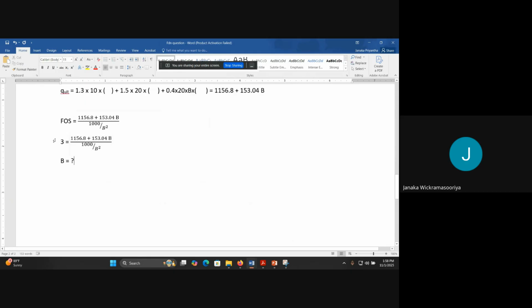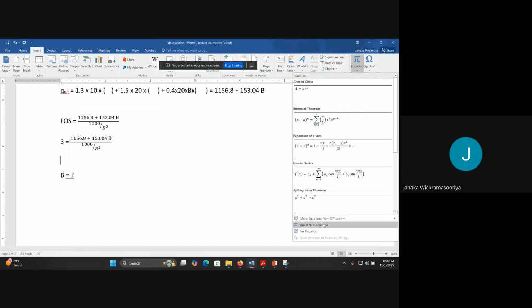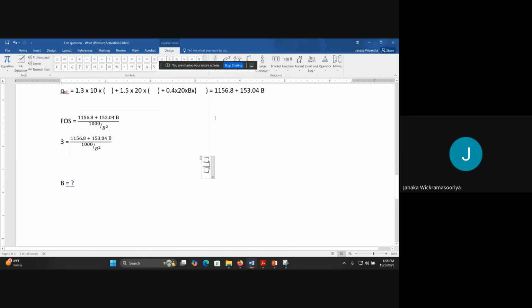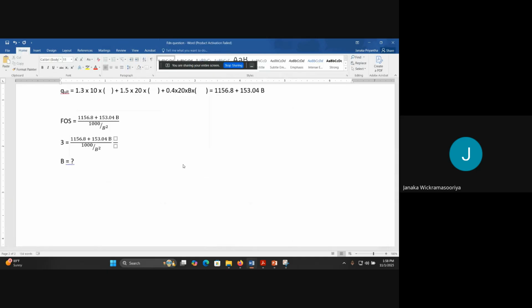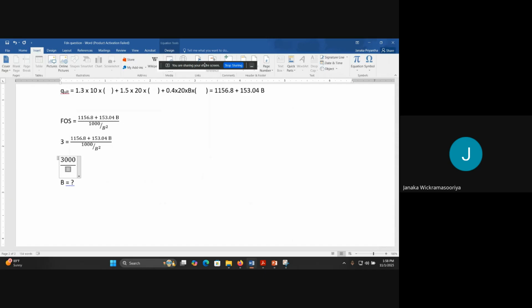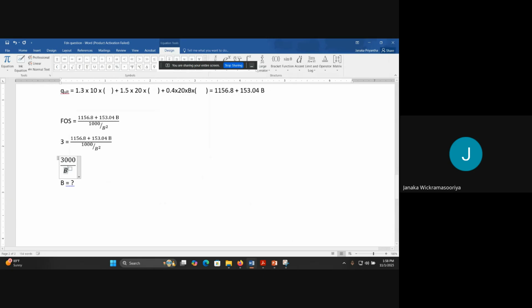What you can do is you can bring this term there, then it will be 3000 divided by b squared, and that will be equal to this term.